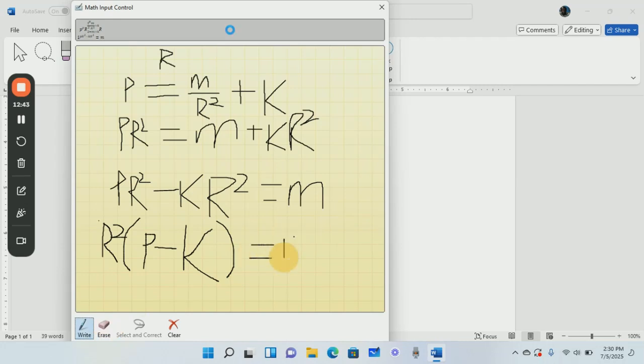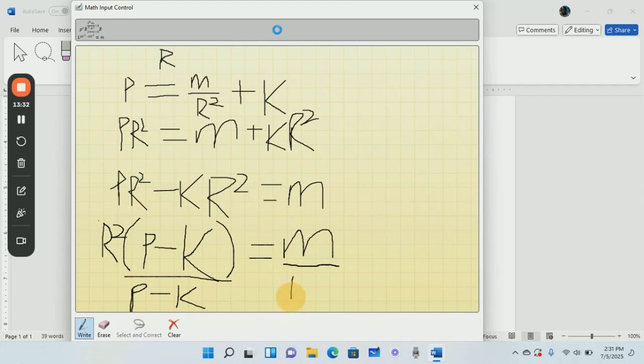So r squared times P minus k equals m, so r squared equals m all over P minus k.